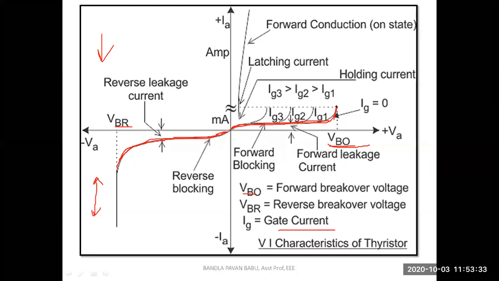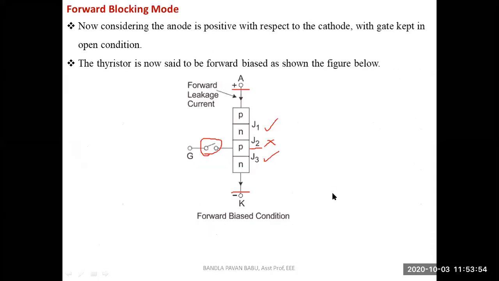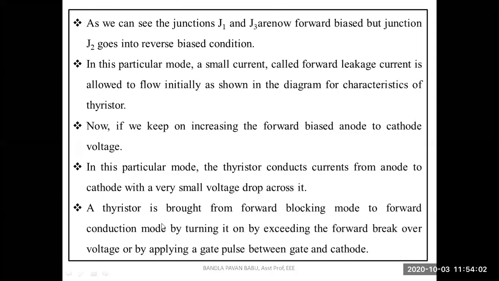Now, if we keep on increasing the forward bias anode to cathode voltage, in this mode the thyristor conducts current from anode to cathode with a very small voltage drop across it. A small amount of leakage current persists in the forward blocking state.